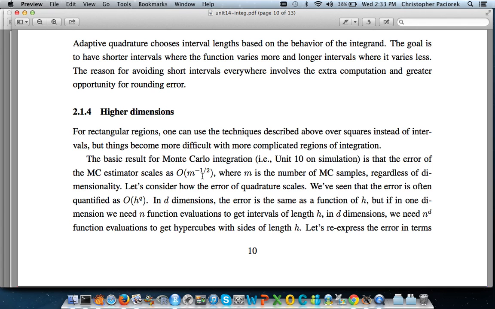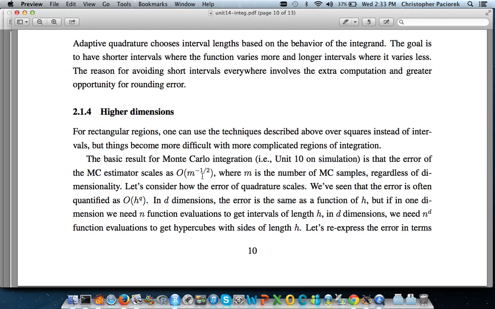Here I had n samples with respect to one dimension. If I still want to only do n evaluations, I basically have the square root of n effective evaluations in any given dimension.